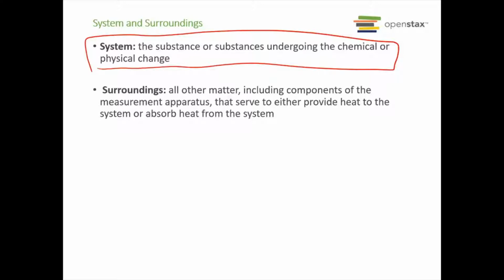And the surroundings are everything around it. In the grand scheme of things, the surroundings is all of the universe. But you can also make it so that your surroundings is, for instance, a calorimeter. Your surroundings either provide the heat to the system or absorb heat from the system.